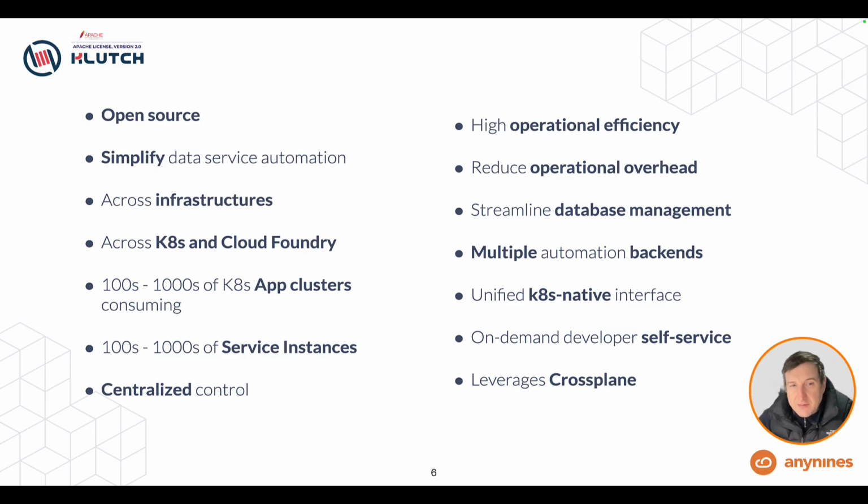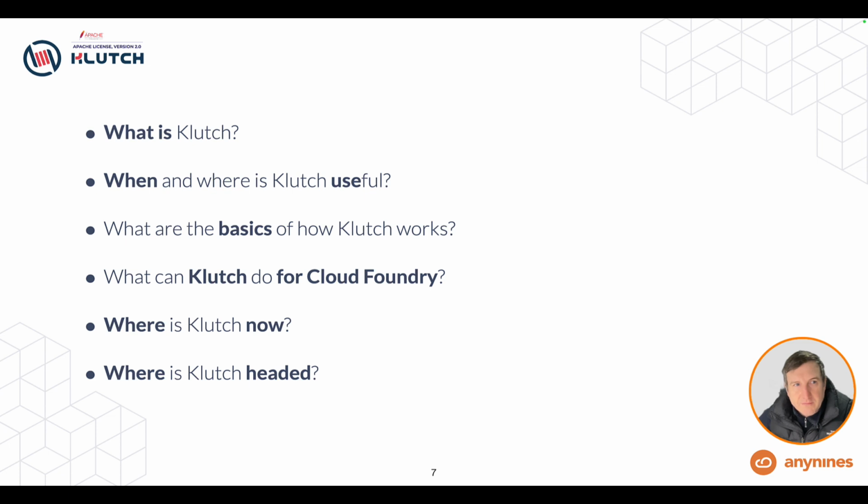It does all that using a Kubernetes native interface and is focused on providing the same on-demand self-service that you know from Cloud Foundry service brokers. Currently it leverages Crossplane, but there's a bit of an architectural discussion going on, whether this makes sense in the long run. So what is Klutch?